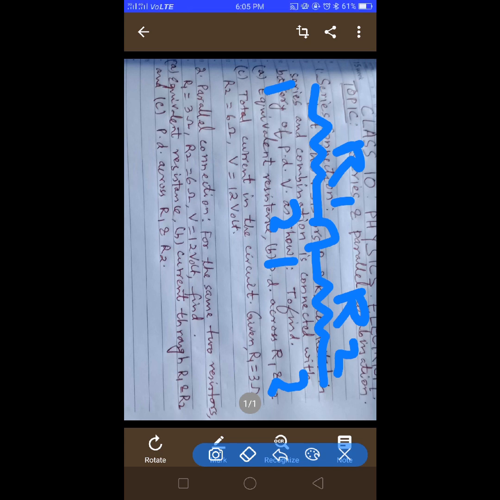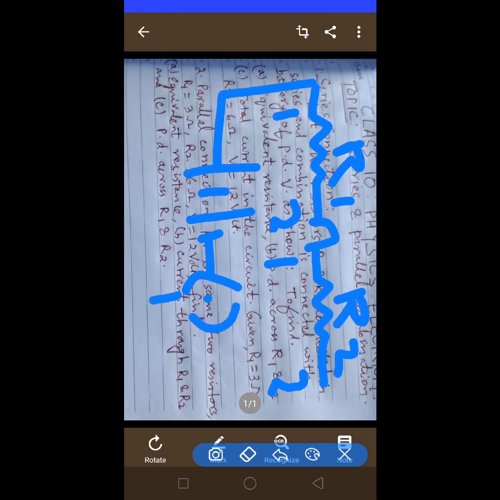Now I take this one is 1. I take a battery and putting the battery positive, negative, positive, negative like this, and here I put close switch and join with this one.